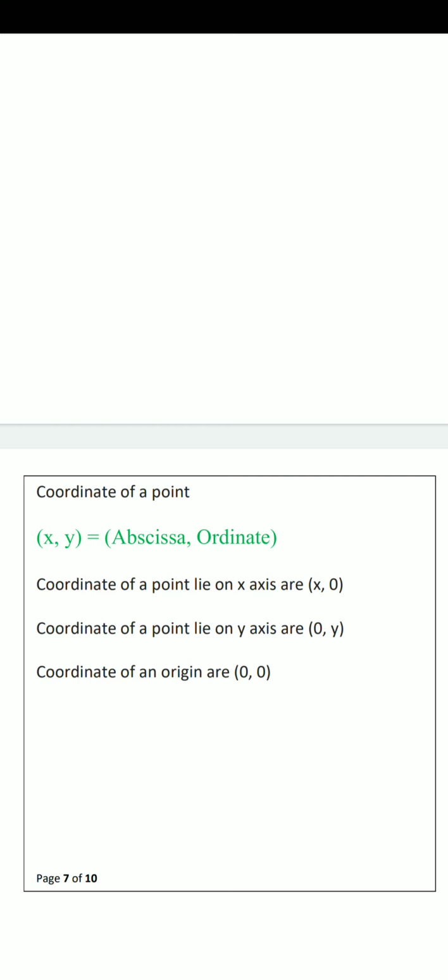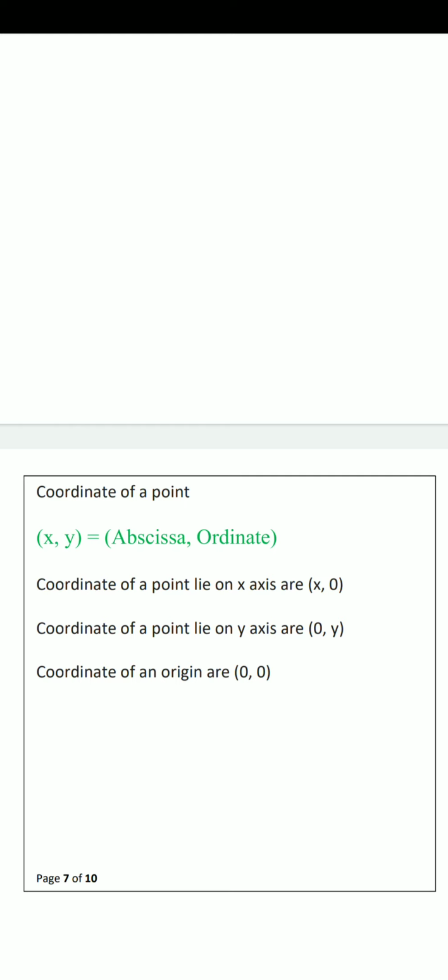Remember it, because any point lying on the x-axis has a distance only from the y-axis, and no distance from the x-axis, so that will always remain 0. A point on the x-axis has coordinates (x, 0), and it will not lie in any quadrant.